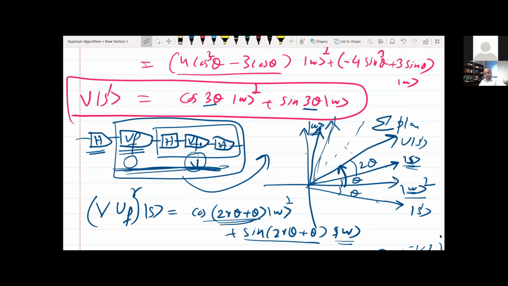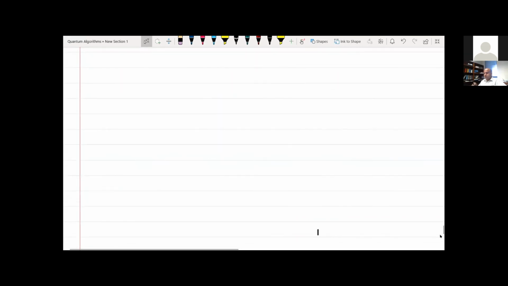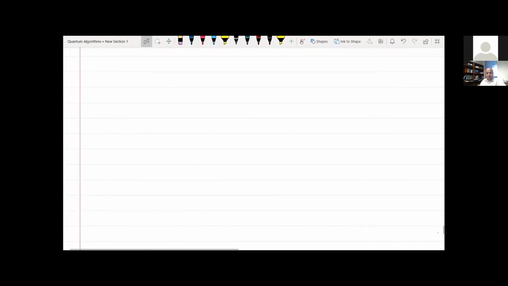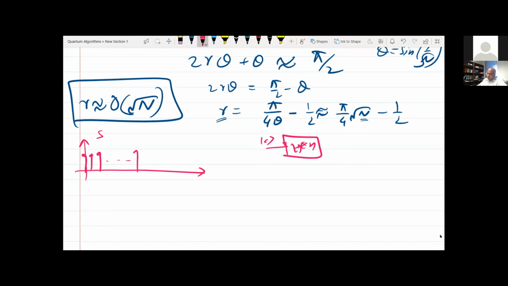And actually, we can look at this algorithm in a different way as well. Not just in this geometric picture, but I can also look at this algorithm in this way. When I did the first Hadamard on my state 0, I prepared this state, which we called S. So this essentially was a state like this.